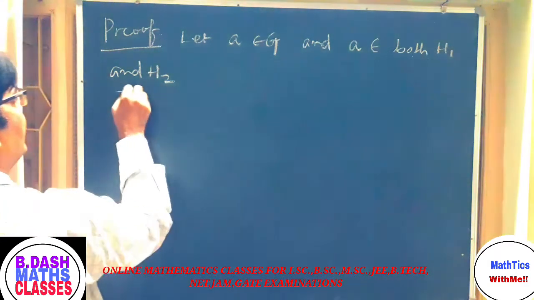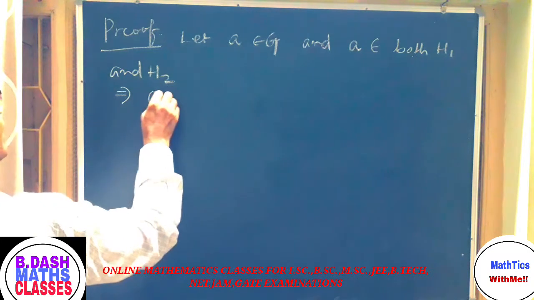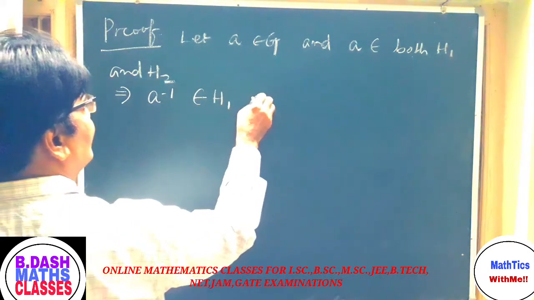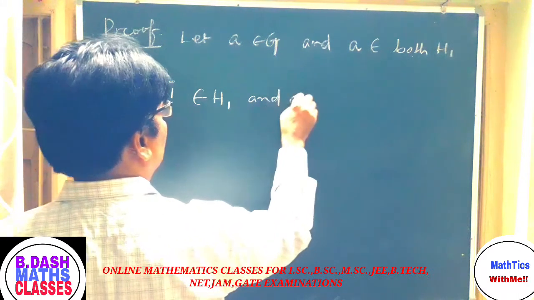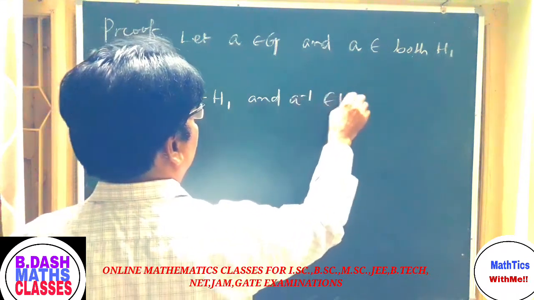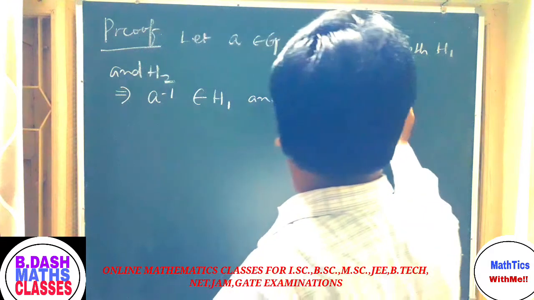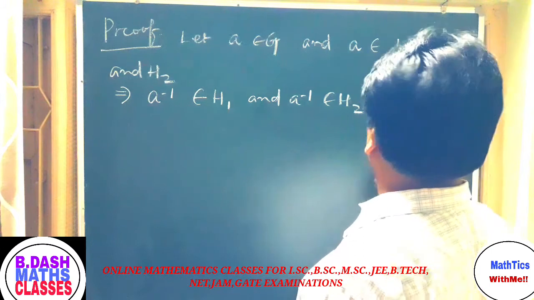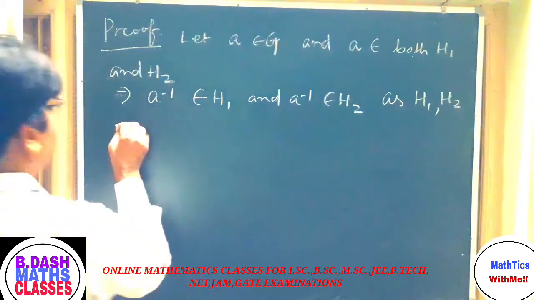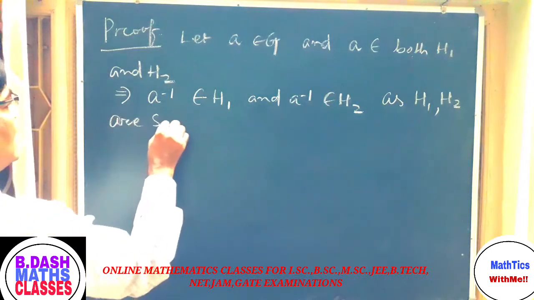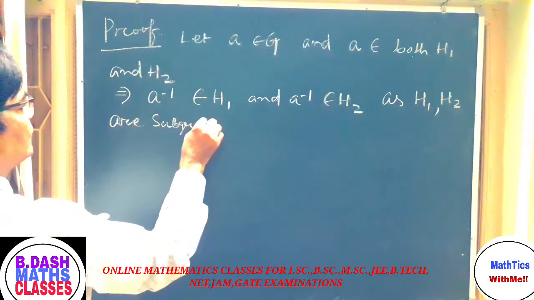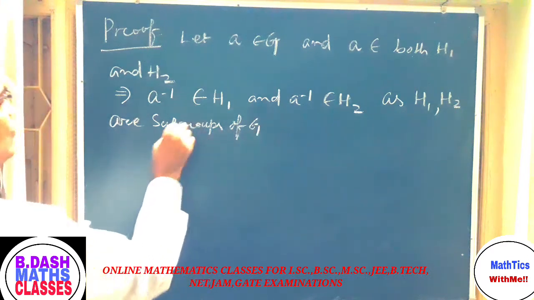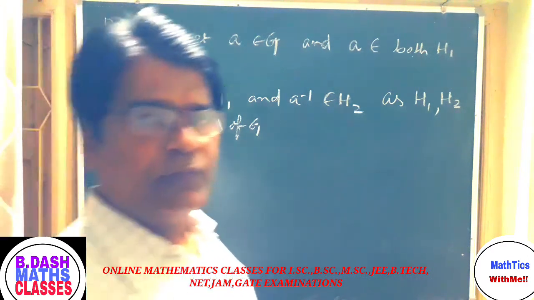This implies a inverse belongs to H1 and also a inverse belongs to H2, as H1, H2 are subgroups of G. So we are taking G is a group.